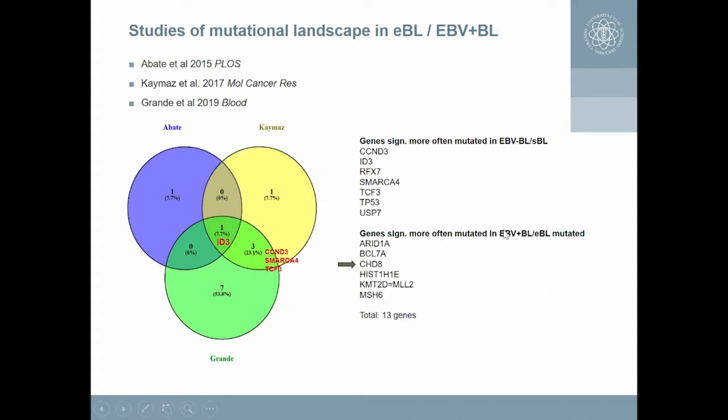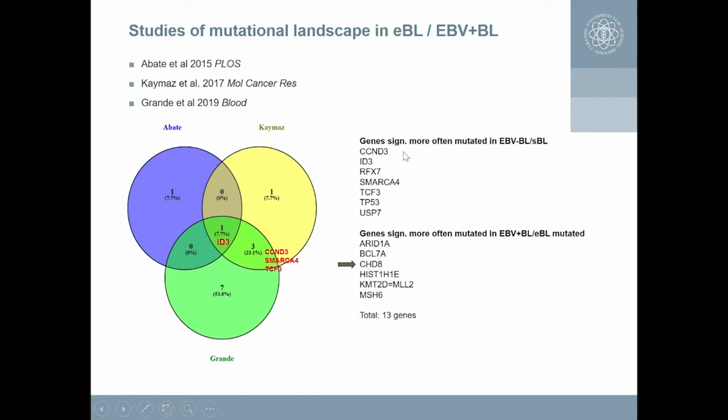And we have a few mutations like CHD8, which are particularly frequent in EBV positive cases. These, for example, could be a predisposition gene in endemic Burkitt lymphomas, as we have shown from familial cases.